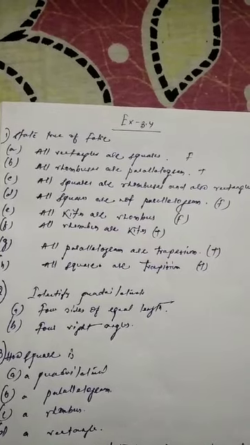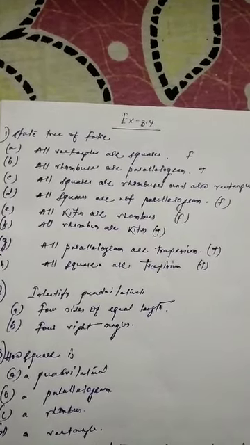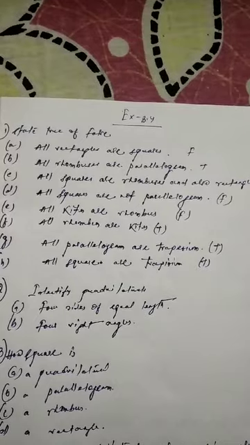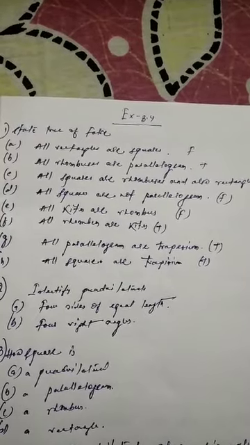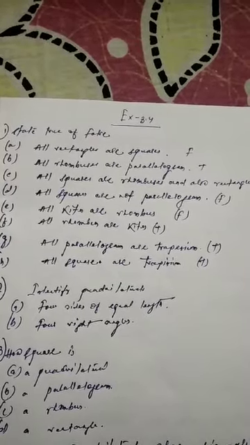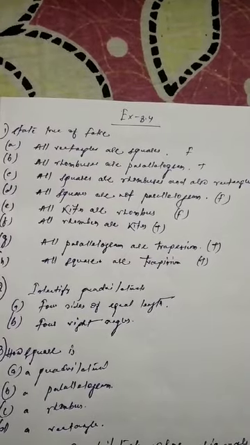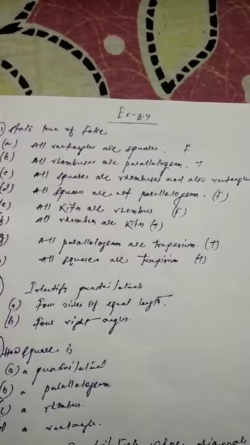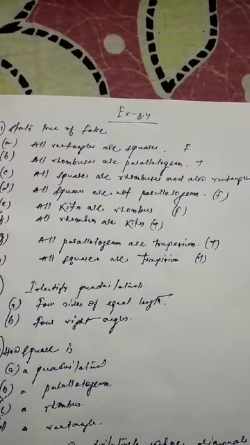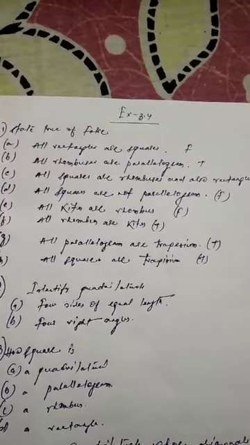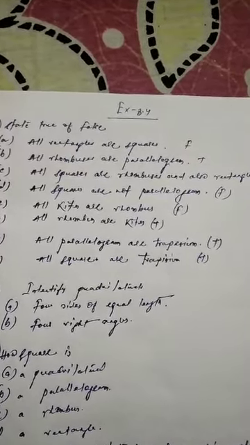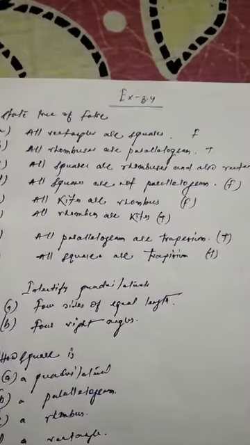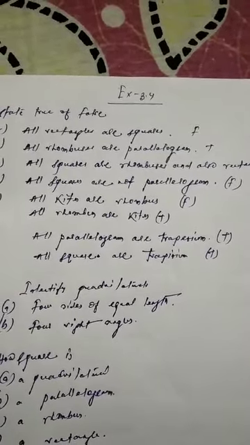So we can say that all rectangles are not squares, but every square is a rectangle. A square is a special rectangle, but rectangles are not squares.